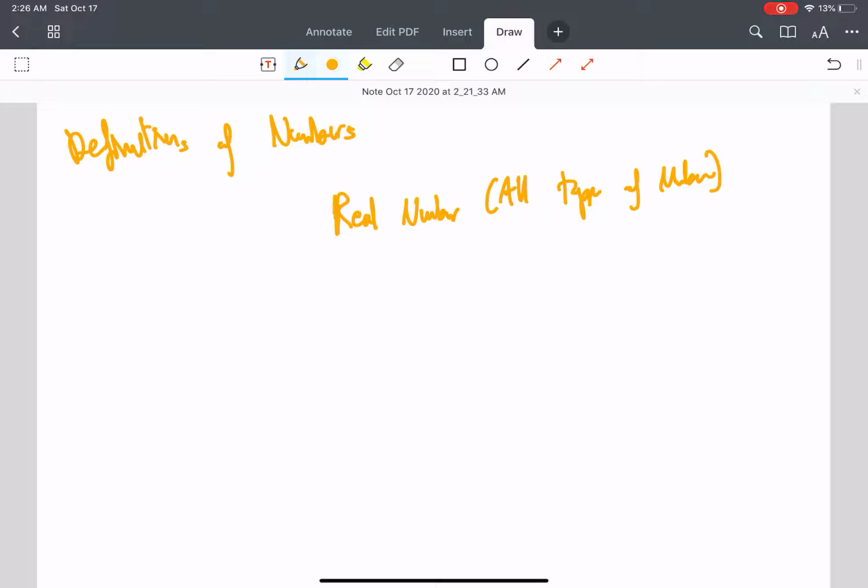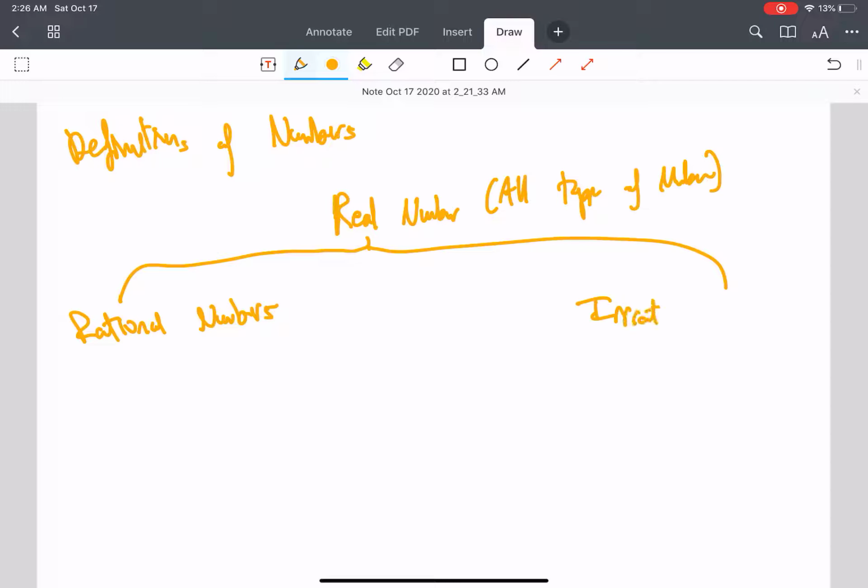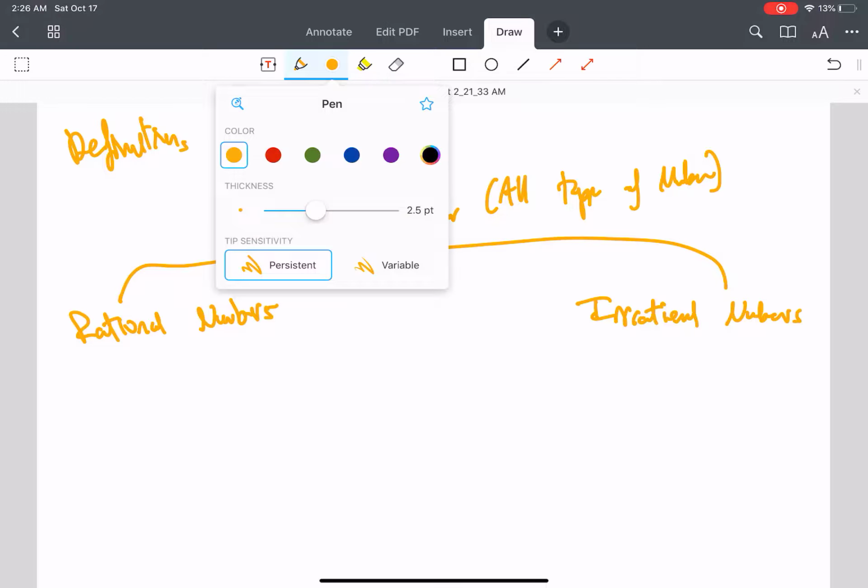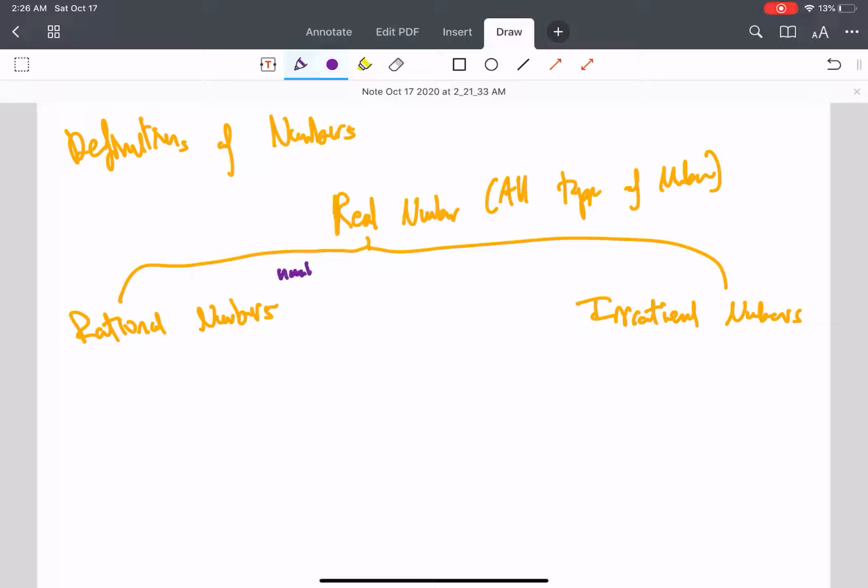We have something called rational numbers and irrational numbers. Rational numbers are numbers that can be written as a fraction.